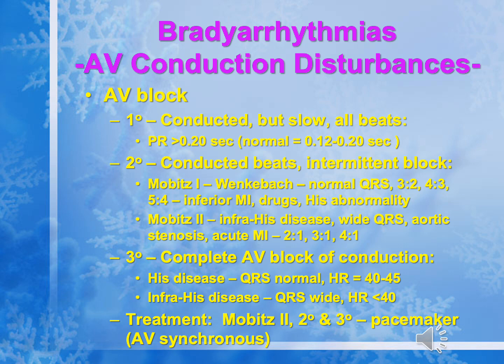A Mobitz 2 block is a more severe block, and it is infra-His disease, and is associated with wide QRS complexes that are occurring in a 2-to-1, 3-to-1, or 4-to-1 rhythm. That is, there may be P waves that are occurring as much as 4 beats in a cycle, with only 1 of them being conducted and 3 being blocked.